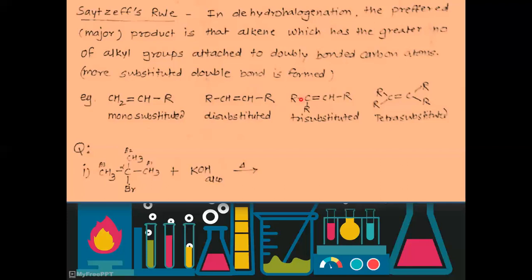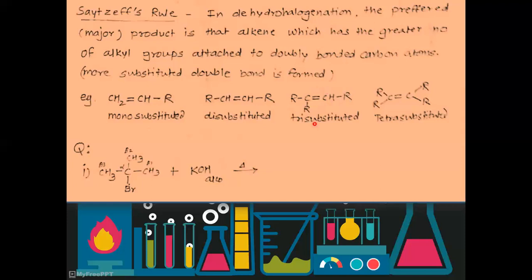In this third case, from this carbon, both hydrogens are replaced by two alkyl groups, and from this carbon, one hydrogen is replaced by one alkyl group, and the hydrogen is as it is. So there are three alkyl groups, 1, 2, and this is 3 across this carbon-carbon double bond.